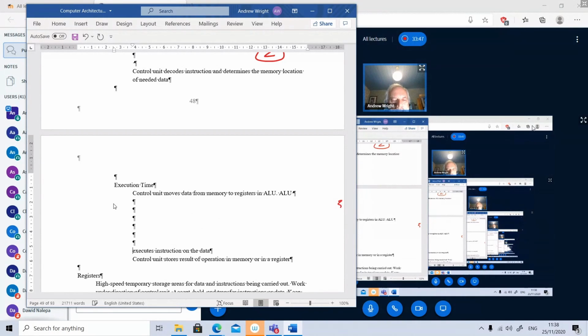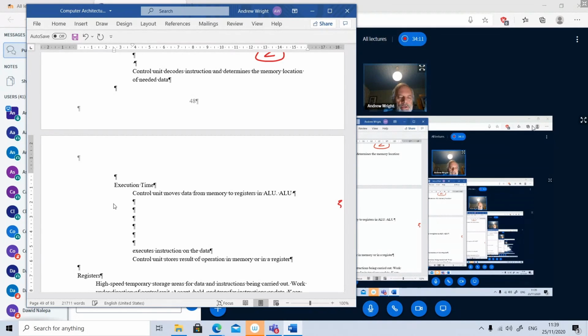It'll probably take you years, but you can do that. A lot of the instructions are just move instructions. You're moving data from the memory to the CPU, from the CPU to the memory. A lot of it is just moving data around. Very few of the instructions actually do anything more than just move data around.